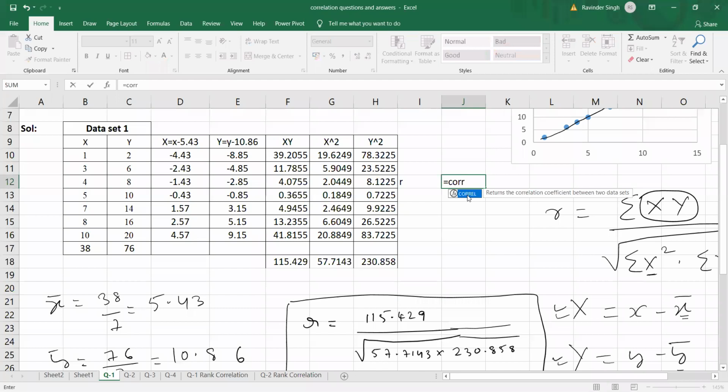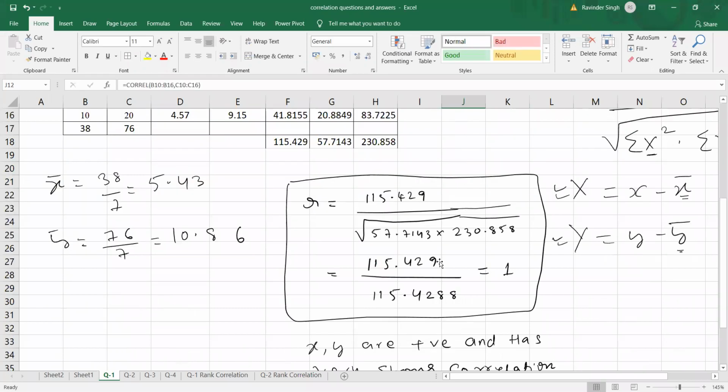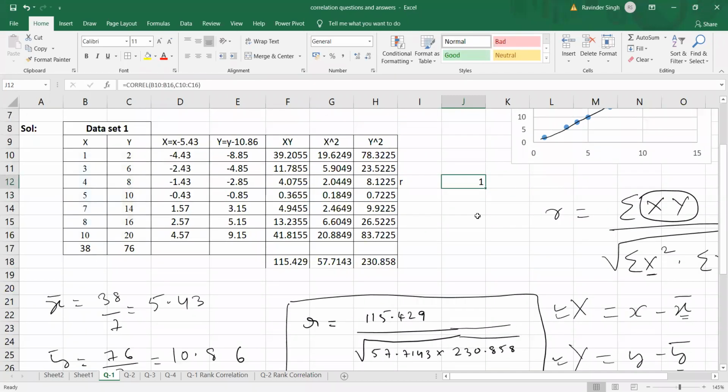The argument it is showing that returns the correlation coefficient between two set of data. Click on that. You have to put the array 1 and array 2. Array 1 is your X set of values, comma, array 2 is second set of values. You can see I'm getting the 1, which we have got here also.